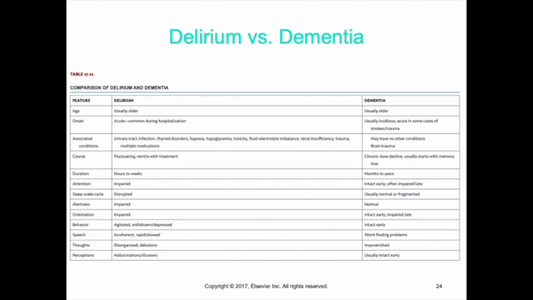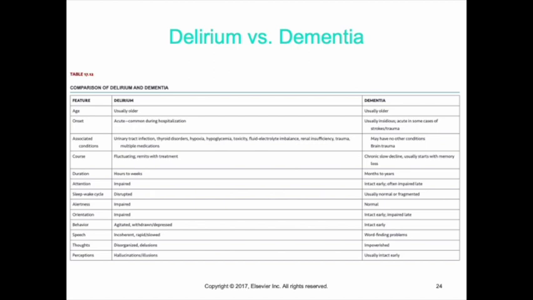Associated conditions that can lead to delirium, these are things that you'd want to remember because this could be one of the etiologies for your patient's delirium. Urinary tract infection, thyroid disorders, hypoxia, hypoglycemia, some type of drug or substance toxicity, fluid electrolyte imbalances, renal insufficiency, trauma, or polypharmacy, using multiple medications at once.